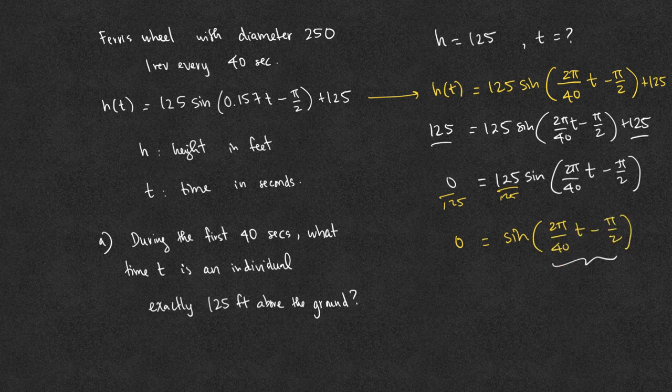Within one rotation, sine of theta, where theta is the argument 2 pi over 40 t minus pi over 2, sine of theta is 0 only when theta equals 0 or when theta equals pi.